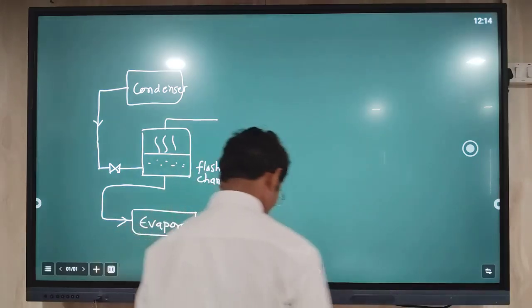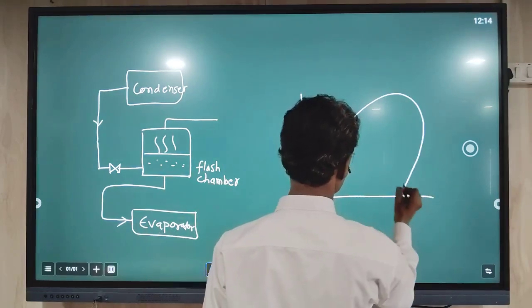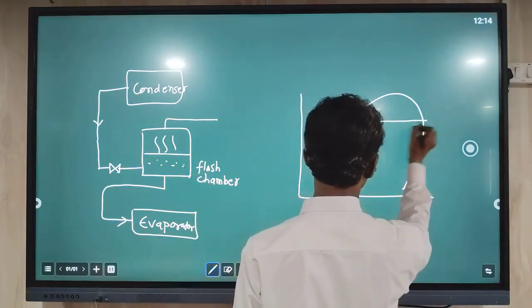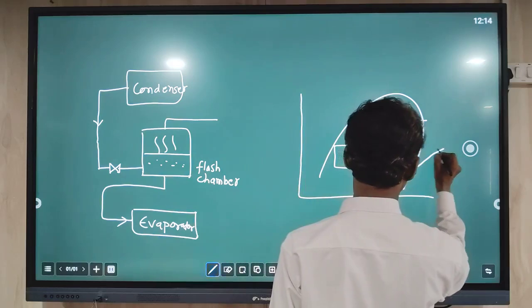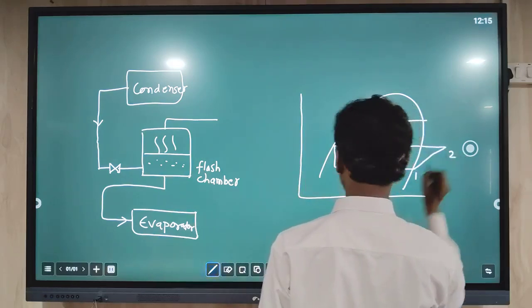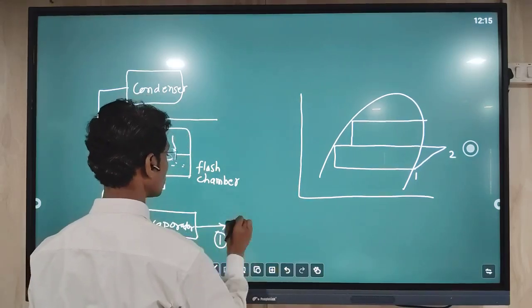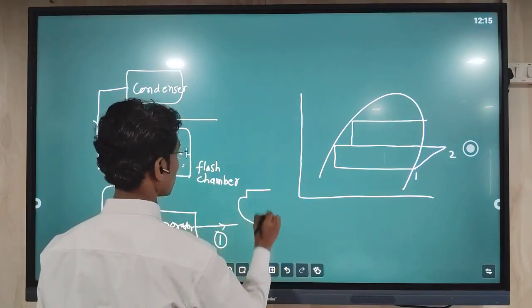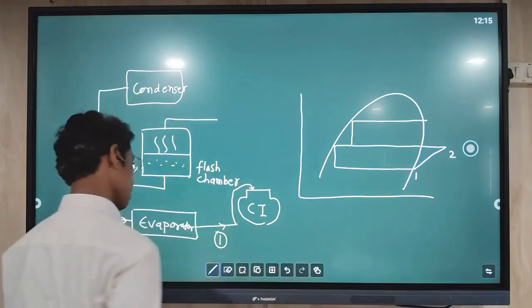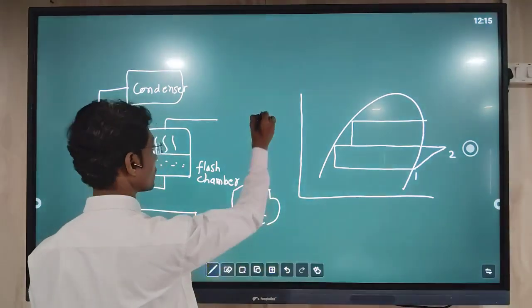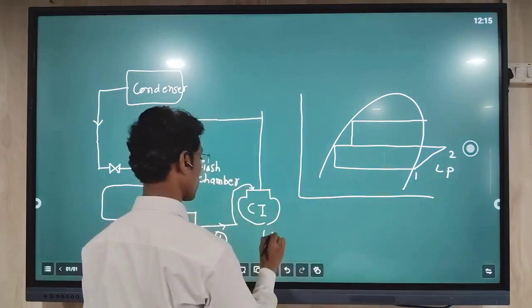So if you see in the pH diagram, we can find this process like this. This is the 1 to 2 compression. After the evaporator, at point number 1, the input is given to the first compressor, C1, and the compression 1 to 2 takes place in the low pressure compressor.